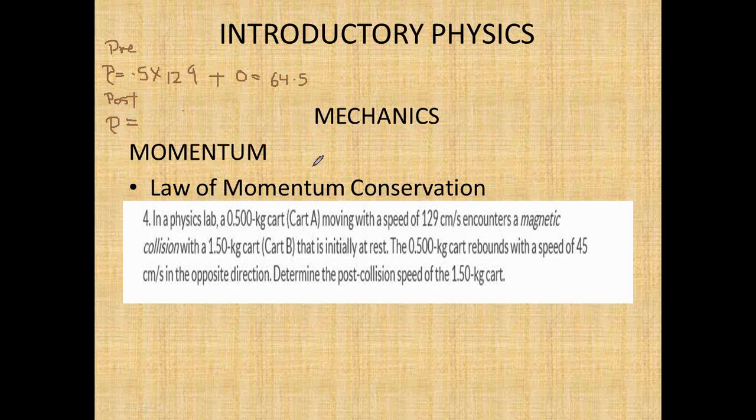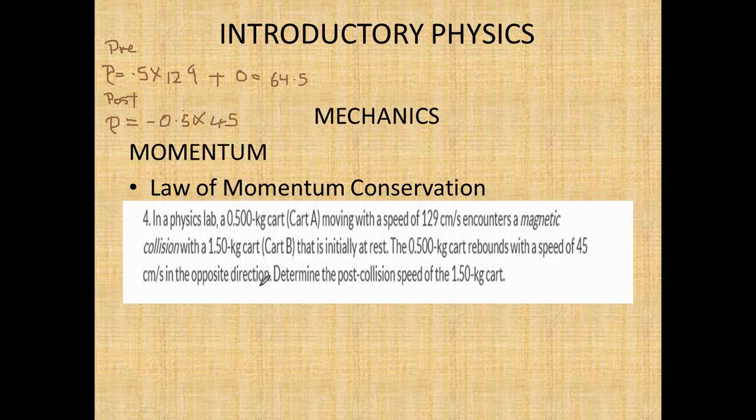So the velocity is going to be negative, and you have to put your negative first. So it's minus 0.5, the mass, times the velocity, and the speed was 45 centimeters per second.